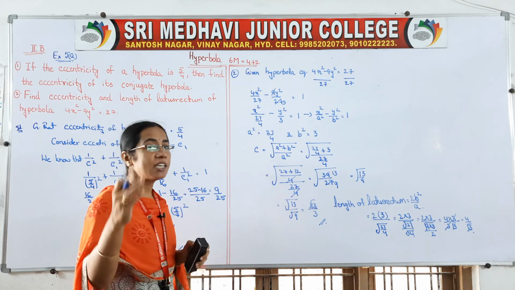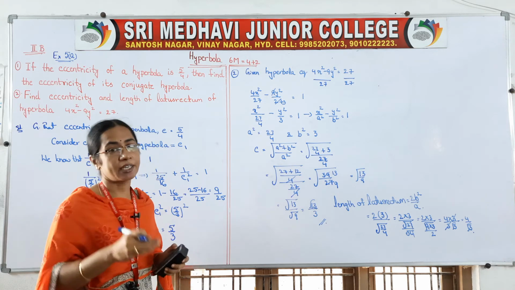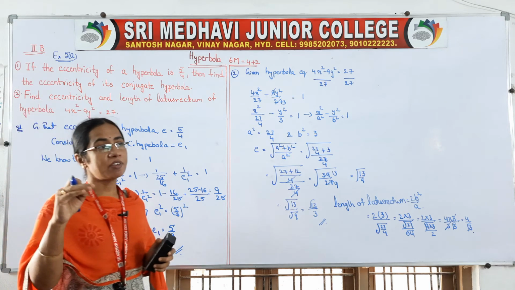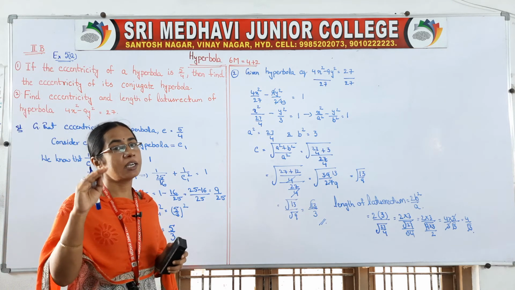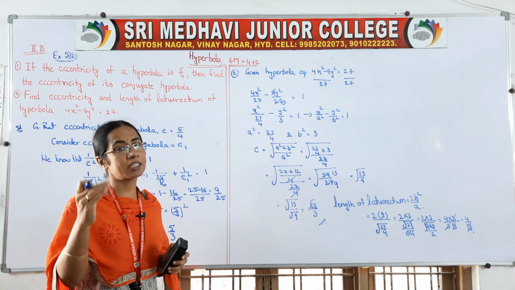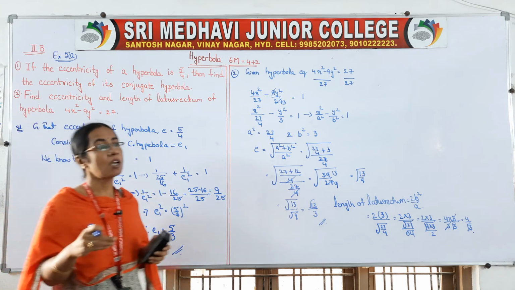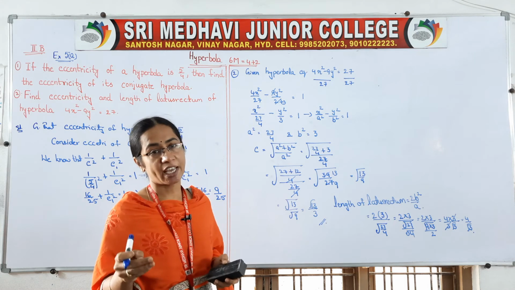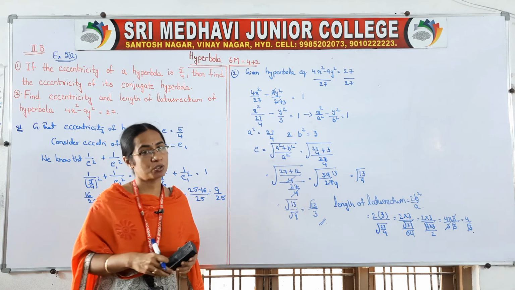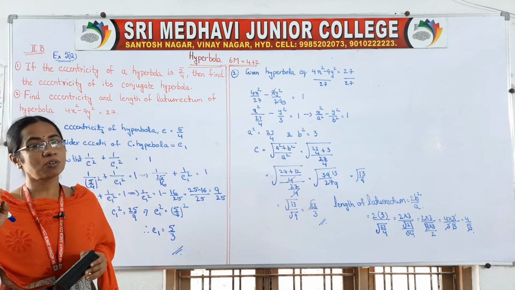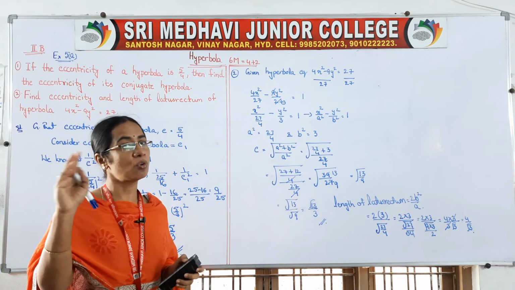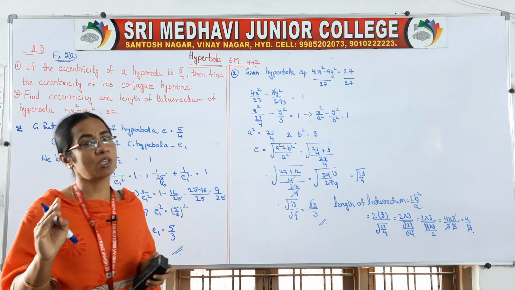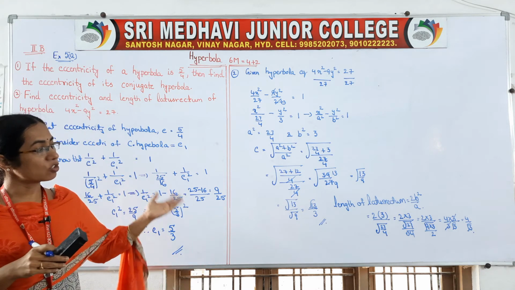Next, if the center is not the origin, you will get the next 2 cases. I have given all the 4 cases and their characteristics also. Characteristics means the formulas of eccentricity, center, equation of directrices, foci, all those things. So you have to learn by heart the characteristics of all 4 types of hyperbola. Then we can solve easily.